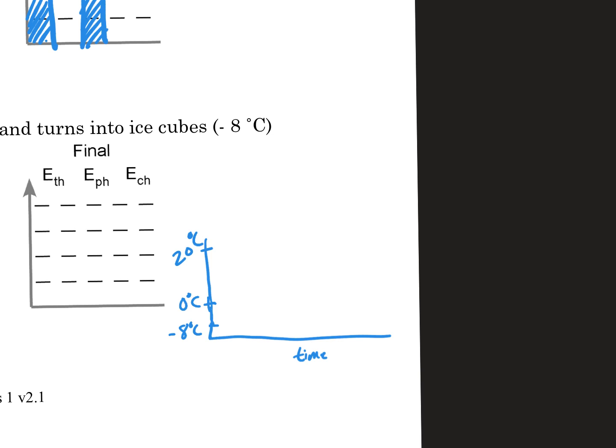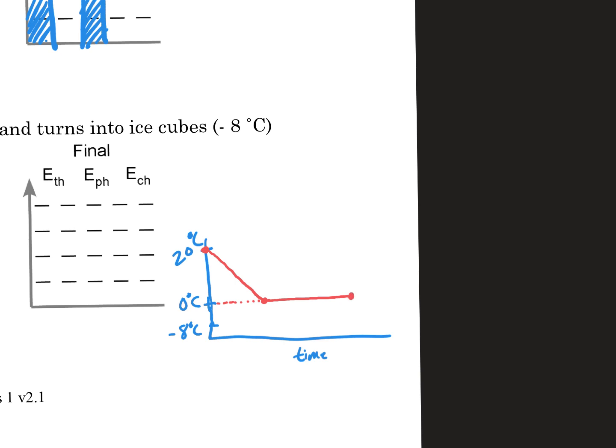Now, in the beginning, we're starting at 20 degrees Celsius. And over time, we are going to take energy away, and we're going to cool that water down to its freezing point, 0 degrees Celsius, okay? And then, over time, we're going to freeze that water. The liquid water is going to become ice, all solid.